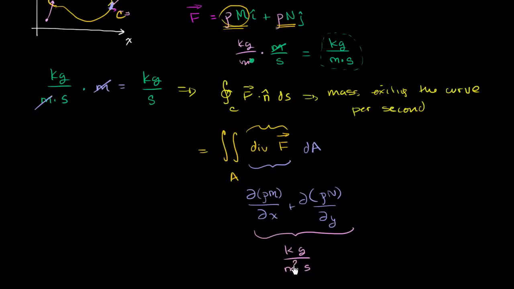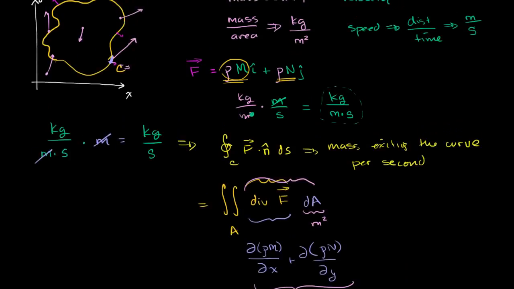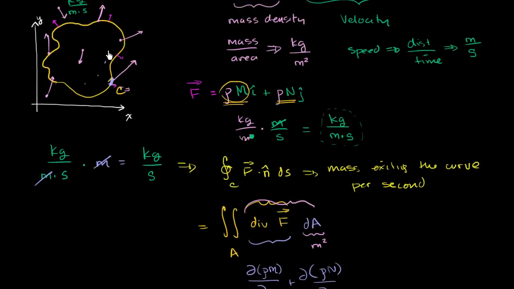So you're going to have another meter in the denominator. And then you're multiplying it times an area, which would be square meters. They cancel out, and once again, this whole part that you're summing up gives us kilograms per second.